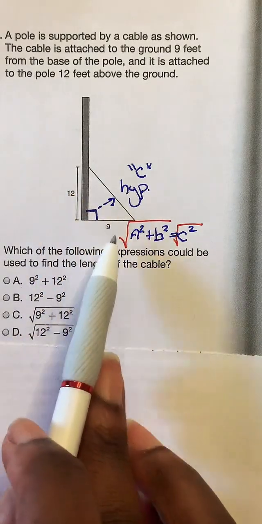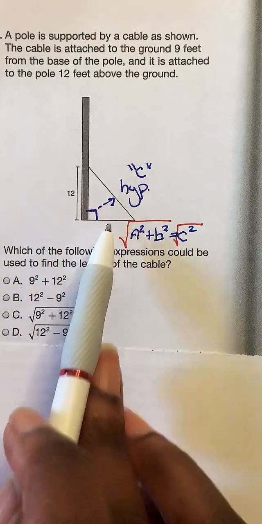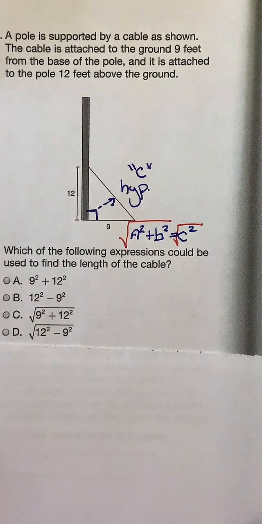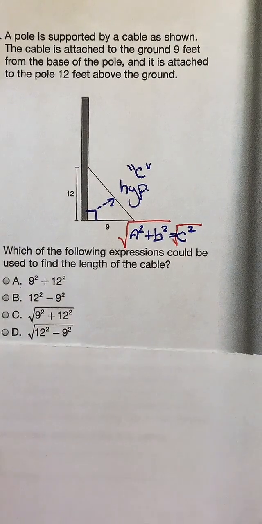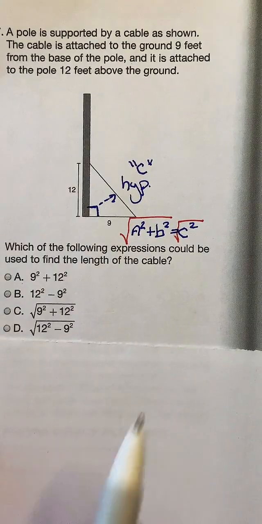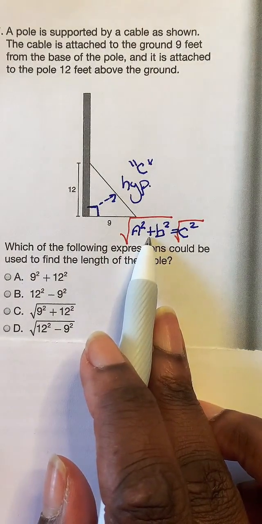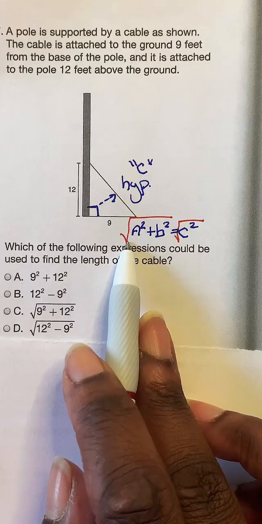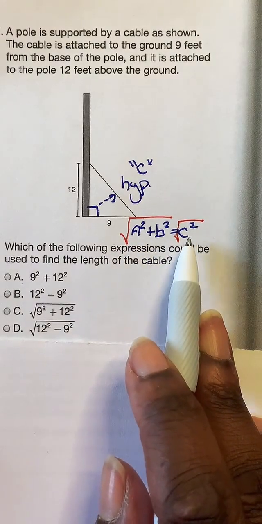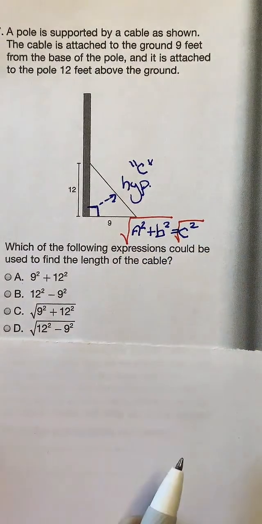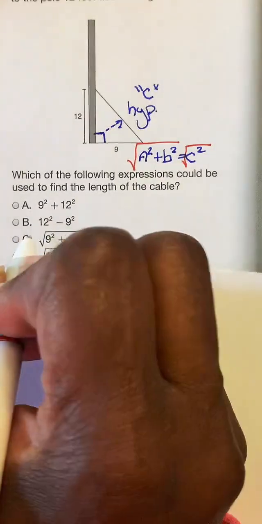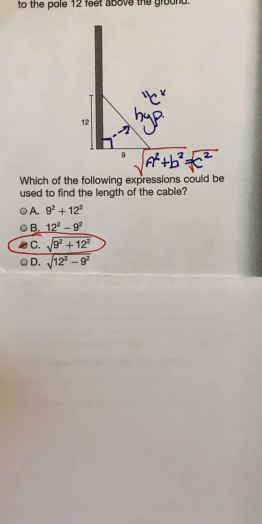These two things, the 9 and the 12, are called your legs, and the legs are interchangeable. It doesn't matter which one comes first. But you are doing addition and it's underneath the square root, so we can figure out what C is. So your answer is going to be C.